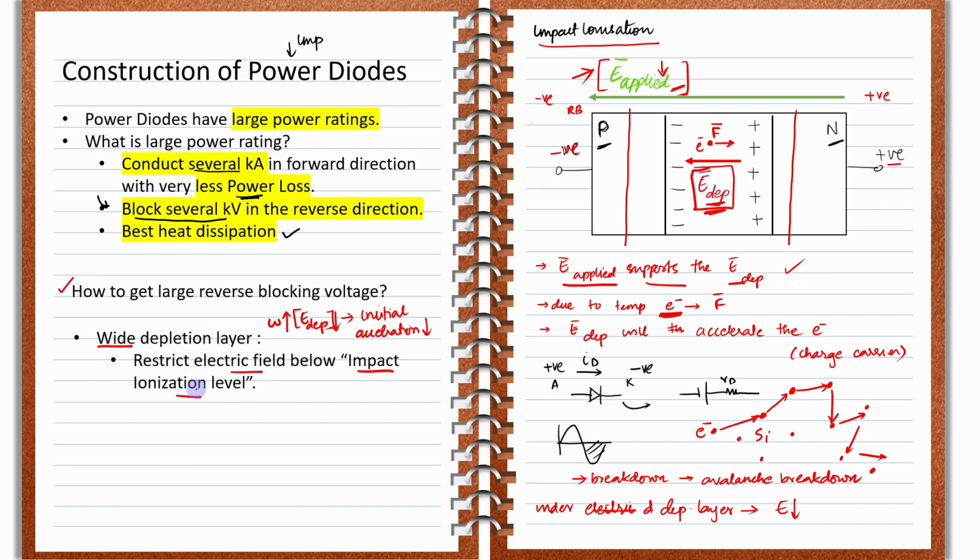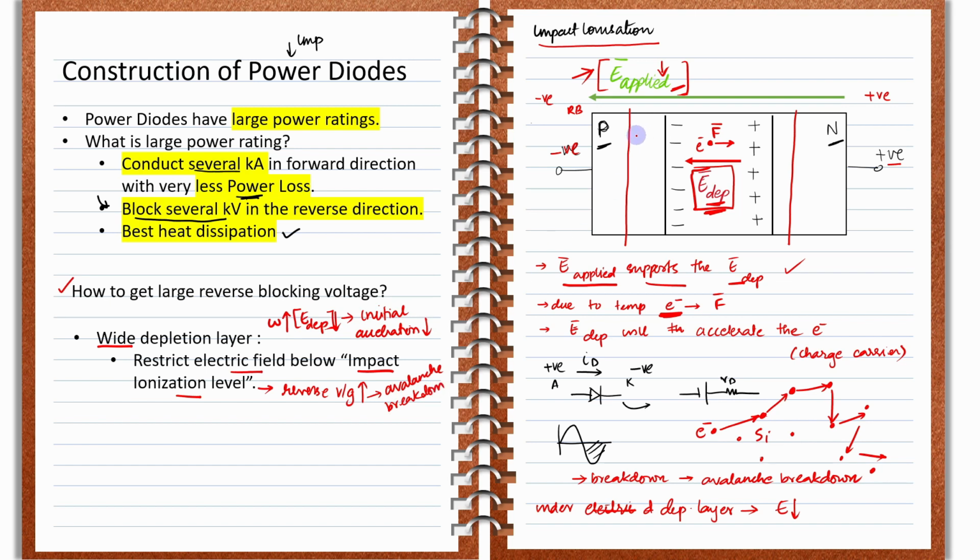So to get the same avalanche breakdown in the diode, you should have a much higher reverse voltage applied. So I will write that down here. In this case, the reverse voltage will have to increase to cause the avalanche breakdown.